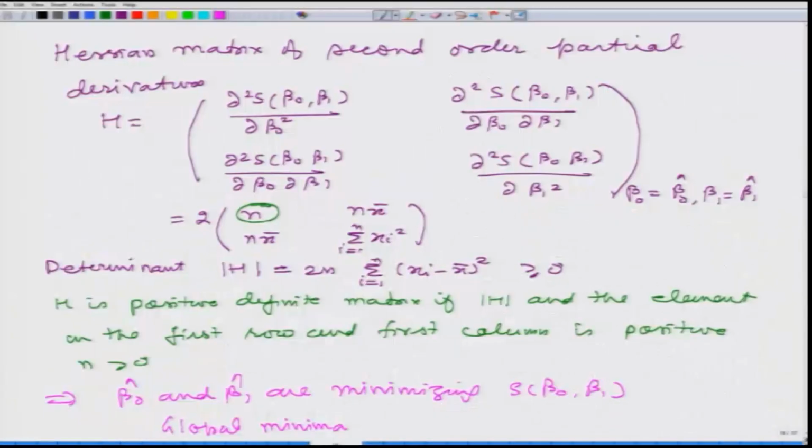Now, to write it compactly, we had a model y equals beta 0 plus beta 1 x plus epsilon, and we have obtained a fitted model, which is y equals beta 0 hat plus beta 1 hat x.